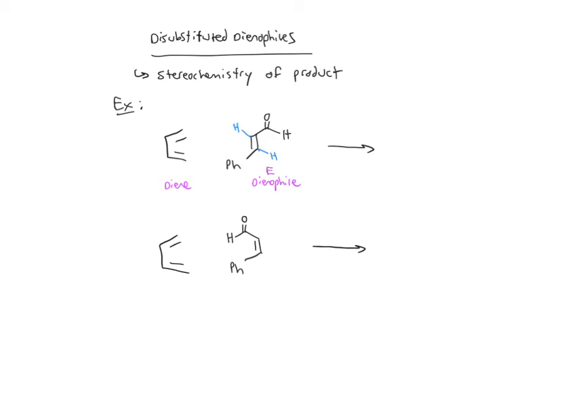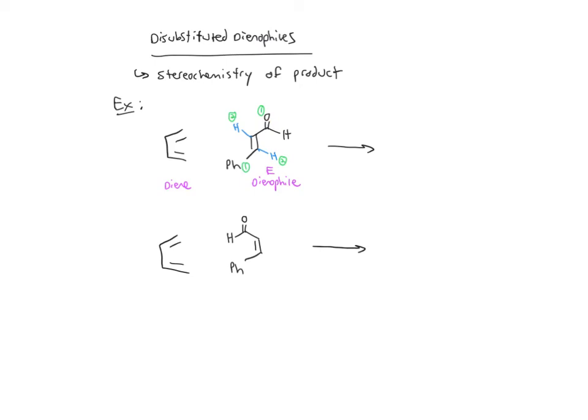Just remember that when we were trying to decide if it was E or Z, we were assigning priorities based on atomic number. H would be the lowest atomic number, so this one will be number 2, and then 1 would be on this side. We do the same thing at the top, 2 because it's an H, and then 1 because it's a carbon attached there, which has a higher atomic number than the H. So priority 1s are on opposite sides of the double bond.